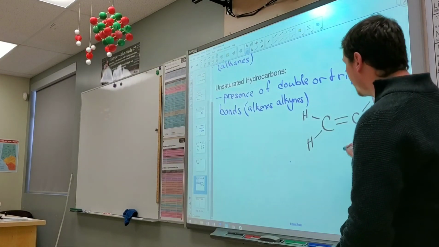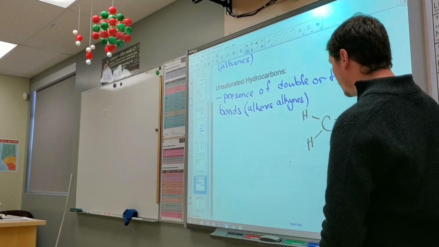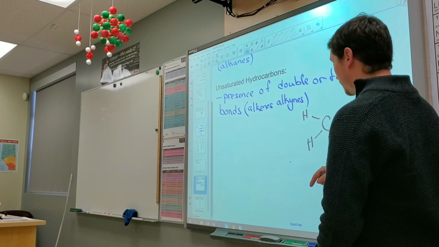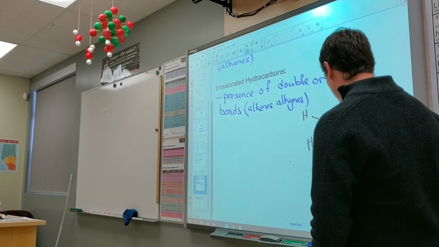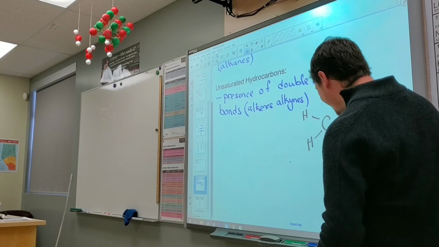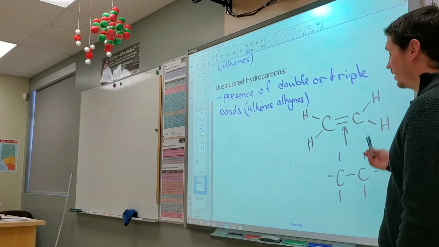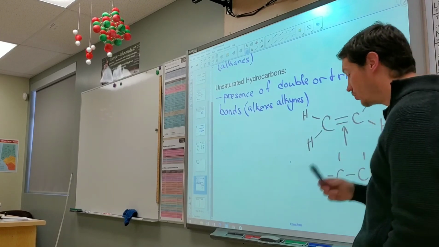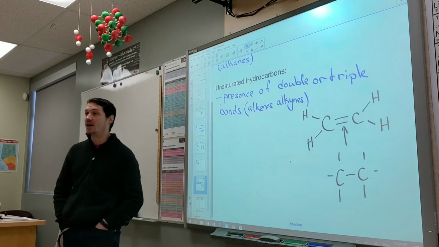If you broke the double bond part of the bond, you could turn this into 6 hydrogens. This would be saturated, this is unsaturated. So the presence of double and triple bonds is what makes things unsaturated.